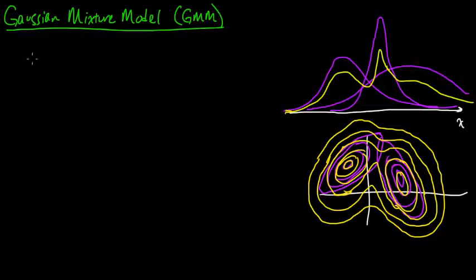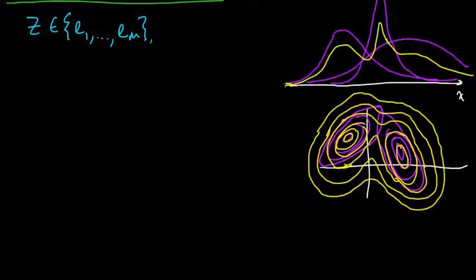Another way, which is nice, is through the generative model. A generative process for this is the following. We have some random variable z, which is a vector-valued random variable, and it's one of, let's say, m things, e1 through em. Here I'm going to use these lowercase e's for the standard basis.